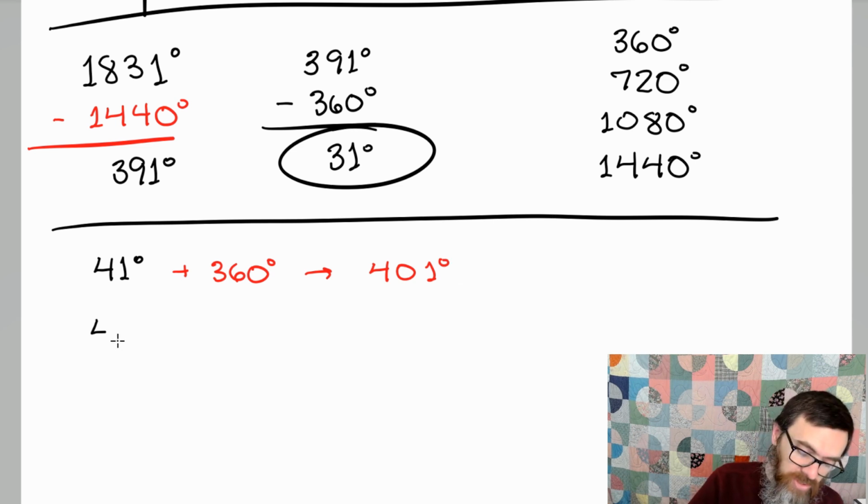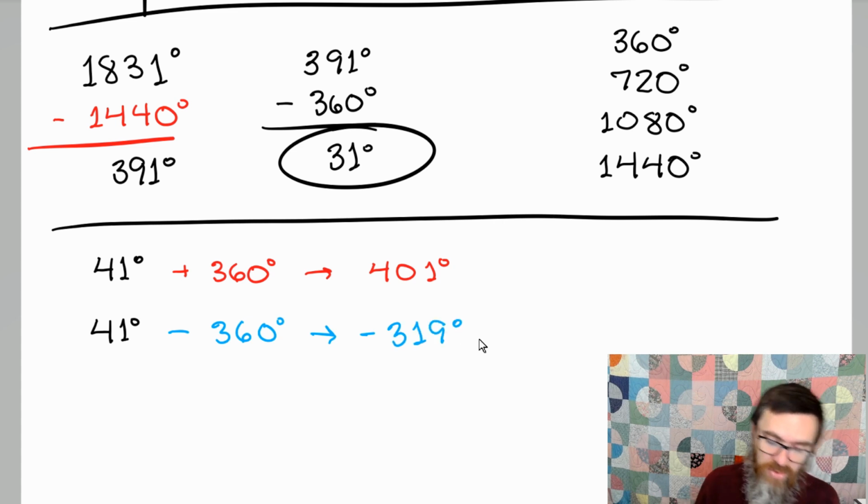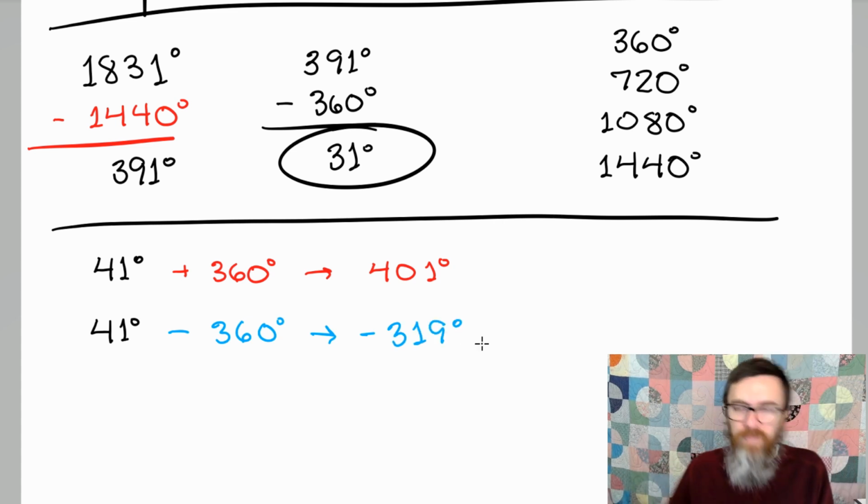We could also do subtraction. If I subtract 360 degrees, then I'm going to land at negative 319 degrees. So plus 360, I'm going to be positive. Minus 360 from this, I'm going to be negative.